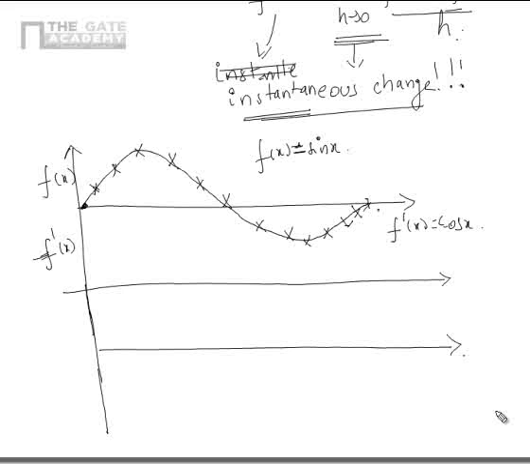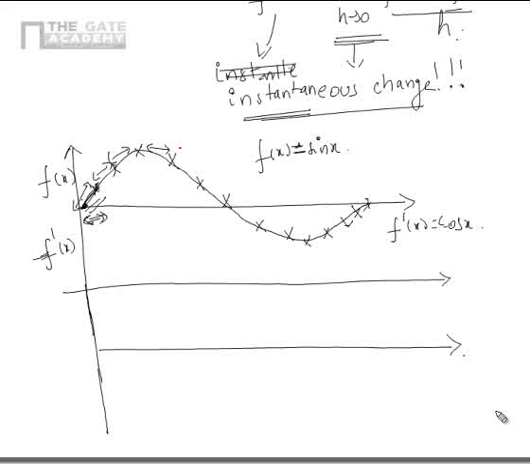What do I mean by f dash of x? I am taking changes in f of x. Correct? So here I start with the change in x and the change in f of x. What is the value? Similarly, what is the change in x?